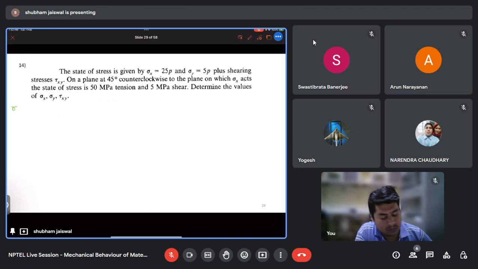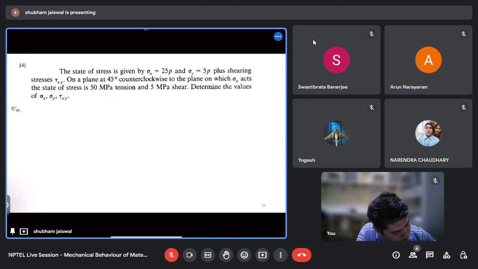So sigma x prime is equal to (sigma x plus sigma y) by 2 plus (sigma x minus sigma y) by 2 cos 2 theta plus tau xy sin 2 theta.